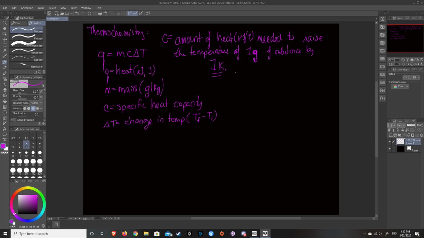To give you an example of this, let's just imagine copper has a specific heat capacity of 0.385 joules. So that's our unit of heat, joules, per gram per Kelvin.